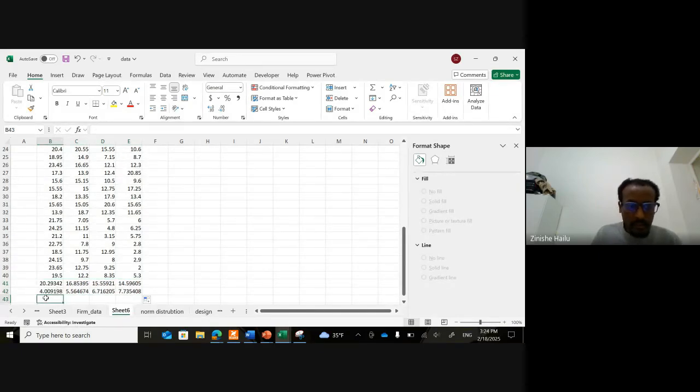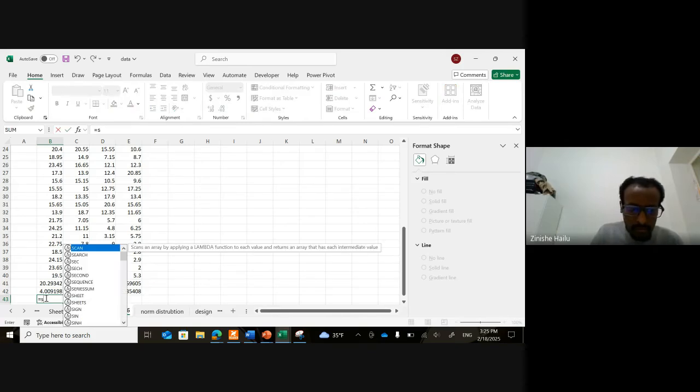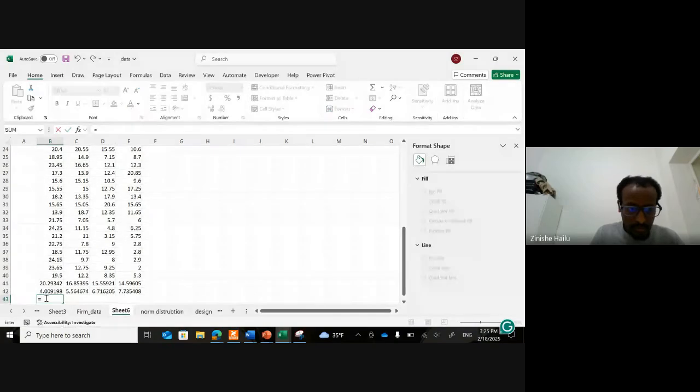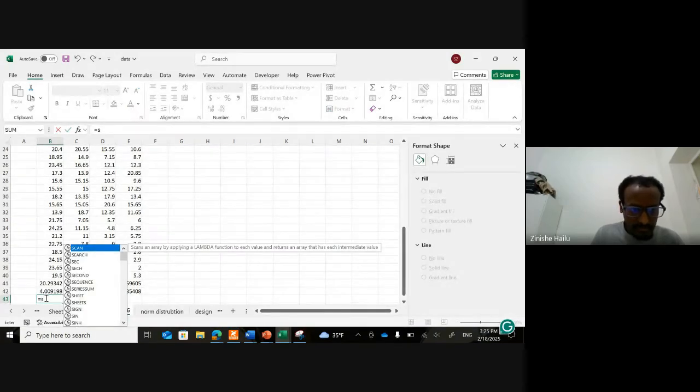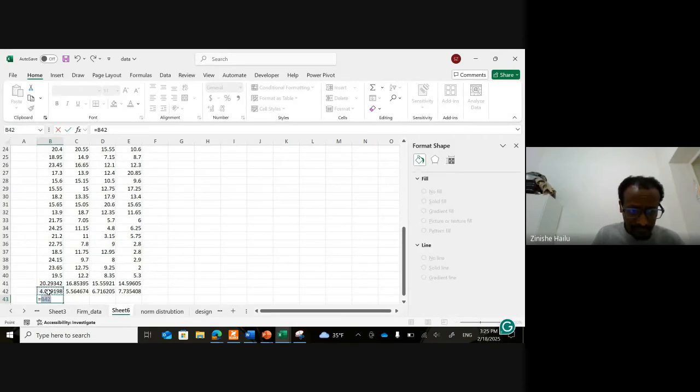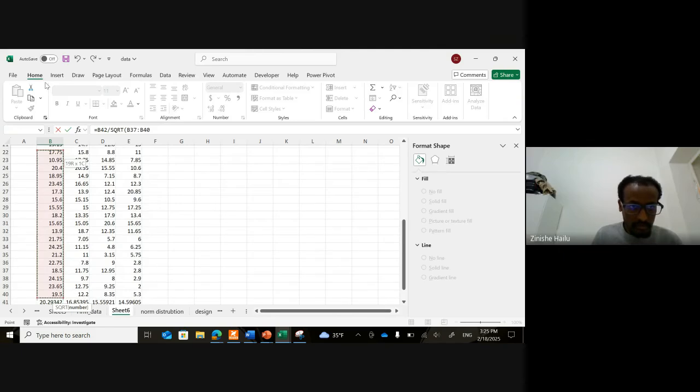And I can also calculate the standard error, the standard deviation over the square root of this.